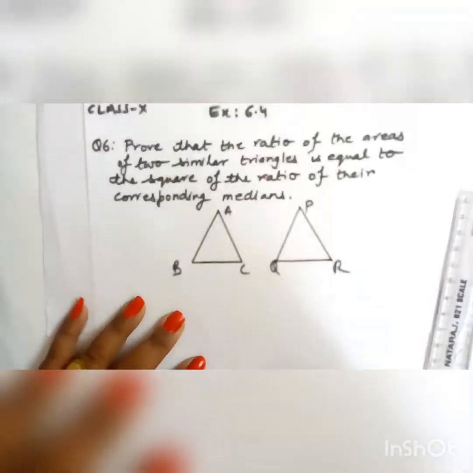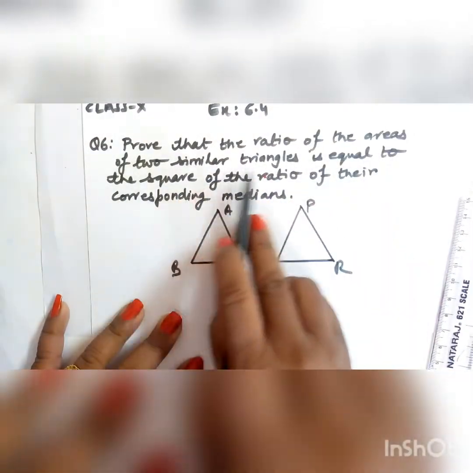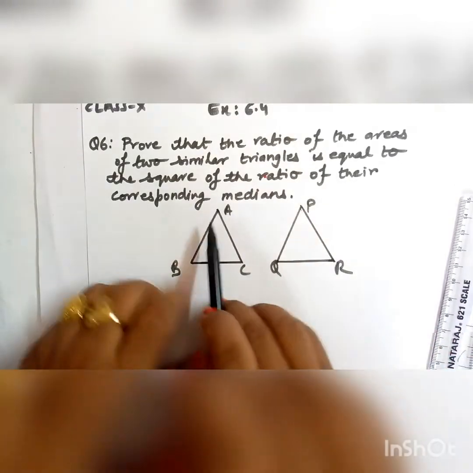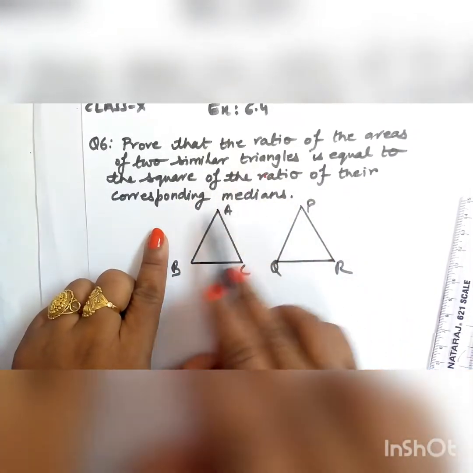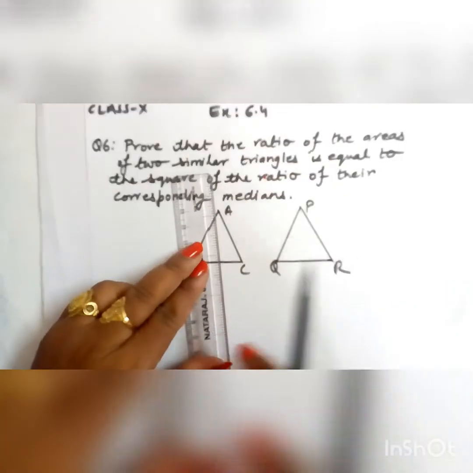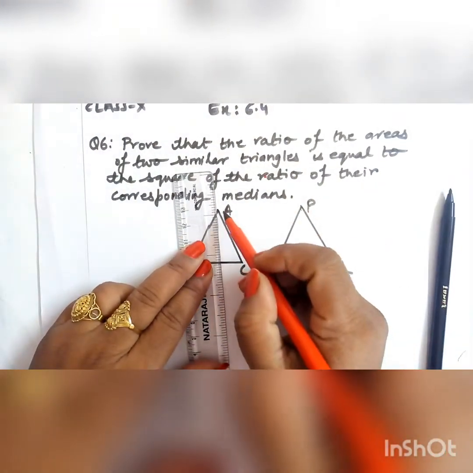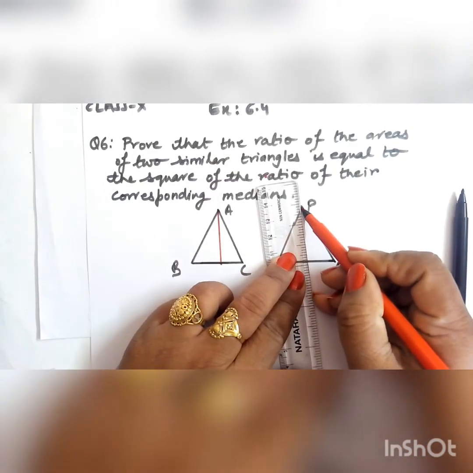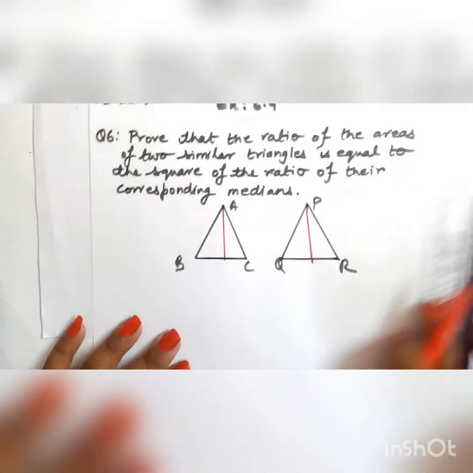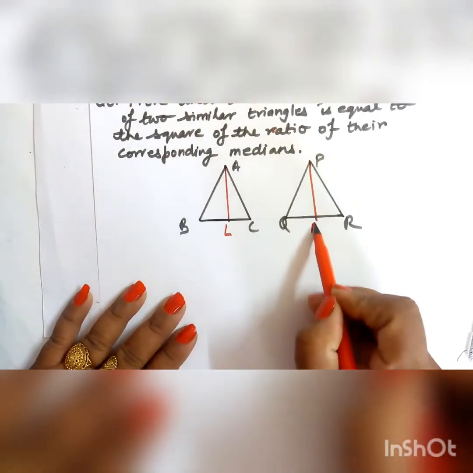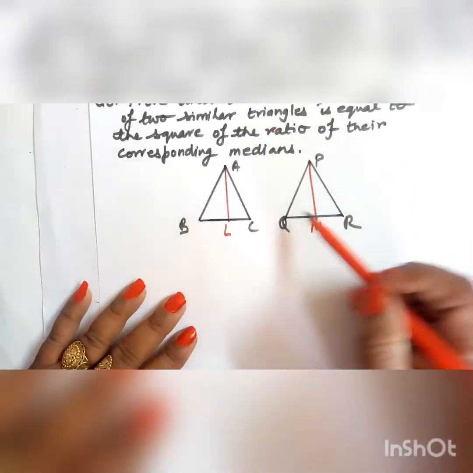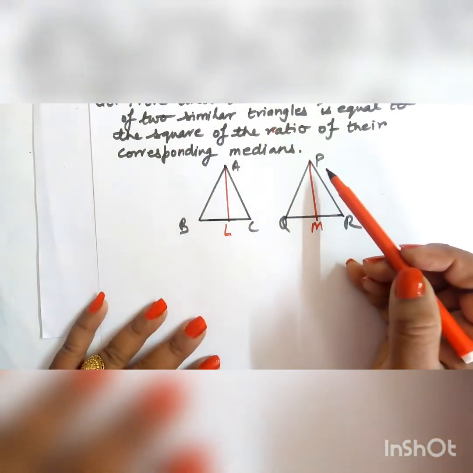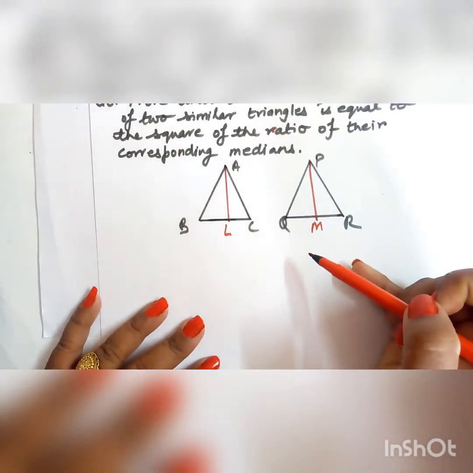We have to prove that the ratio of their areas, these two triangles being already similar, equals the square of the ratio of their corresponding medians. So we have to draw the medians also. AL and PM are the medians of triangle ABC and triangle PQR respectively.